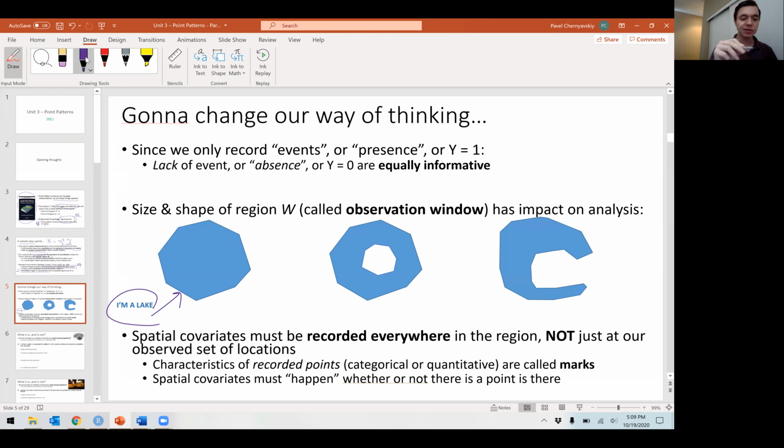You're assuming that the particular kind of fish could have in theory occurred everywhere in the lake. There's not a random dam, for example, that is preventing these fish from getting to this location. You are assuming that your fish of interest could have occurred anywhere in the lake. They could have been here, and then they also maybe could have been here.